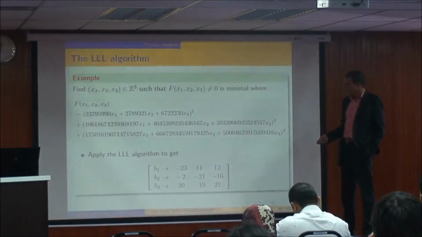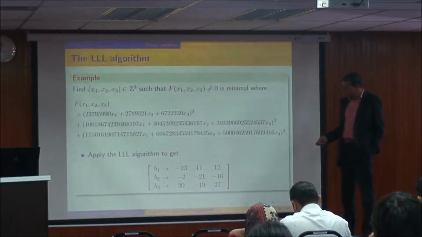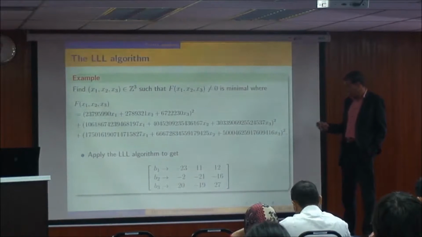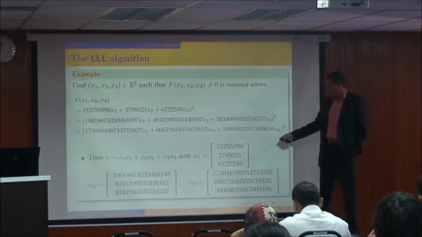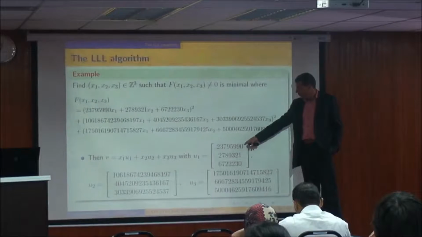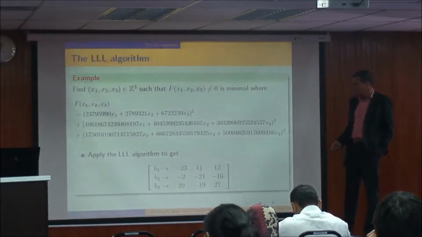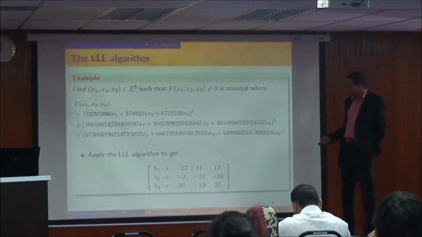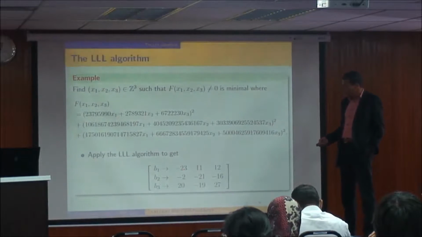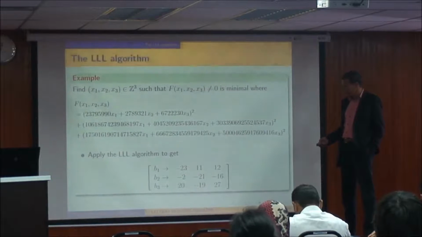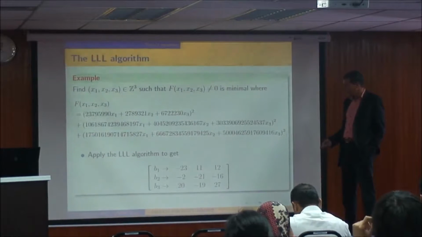So when we apply the LLL algorithm to the basis with vectors u1, u2, u3, you can find that the LLL reduced lattice is very short. You can find b1 like this, the shortest vector is b1, the next one is b2 like this, and the next one is b3.